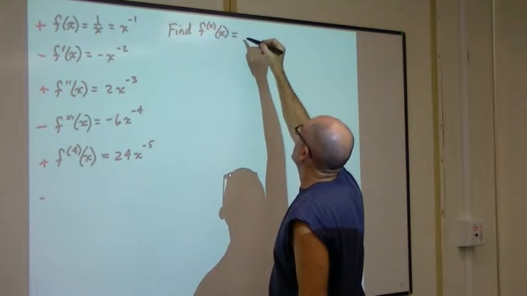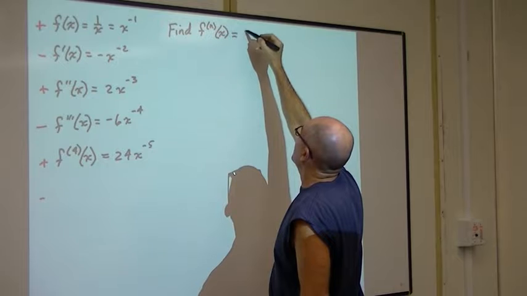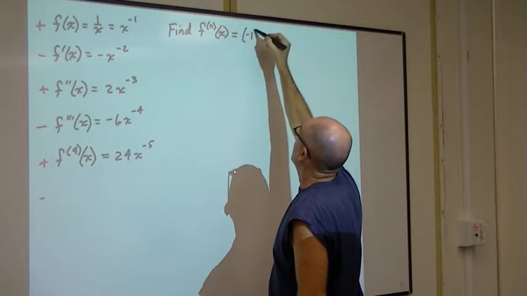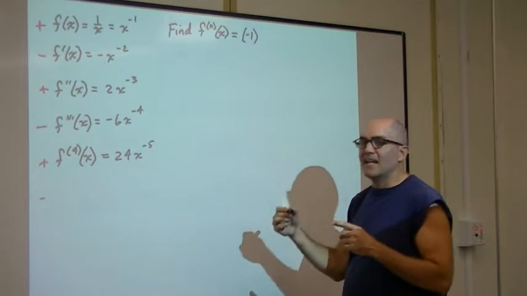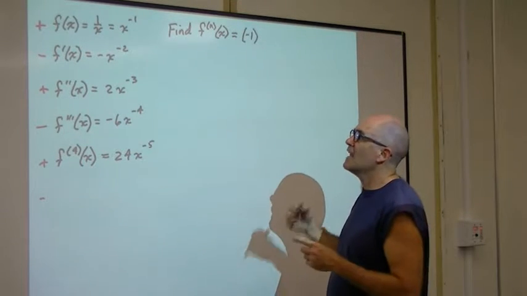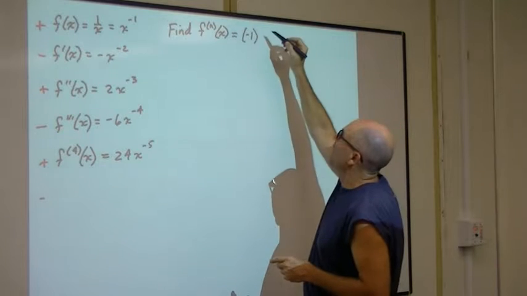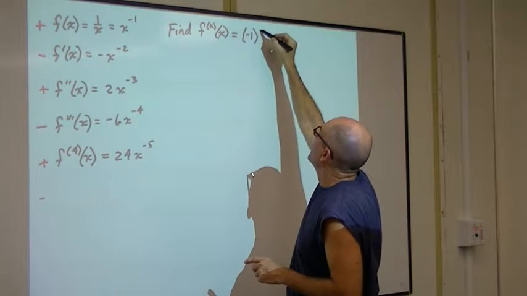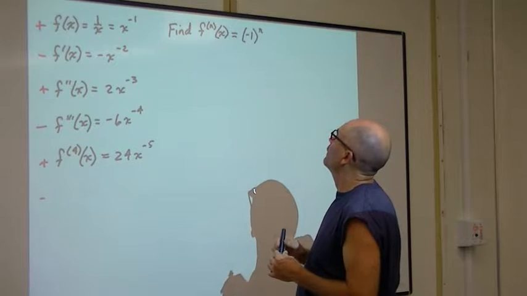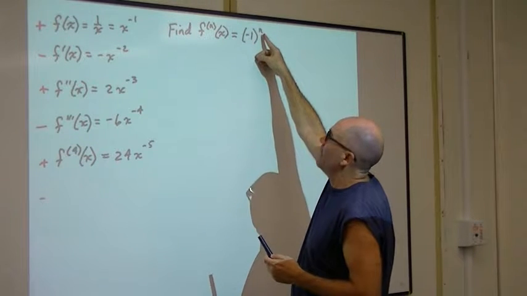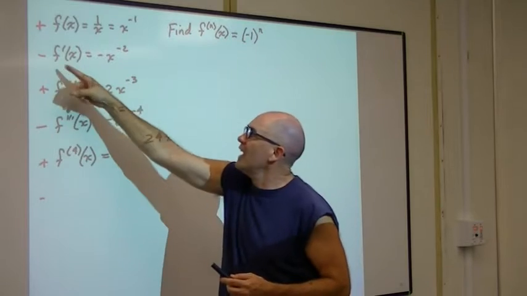So what I can say is the nth derivative of x is going to equal negative 1. Now, is it negative 1 to the n or negative 1 to the n minus 1? Well, if I say negative 1 to the n, then the first derivative will be where n equals 1, and that makes it negative.